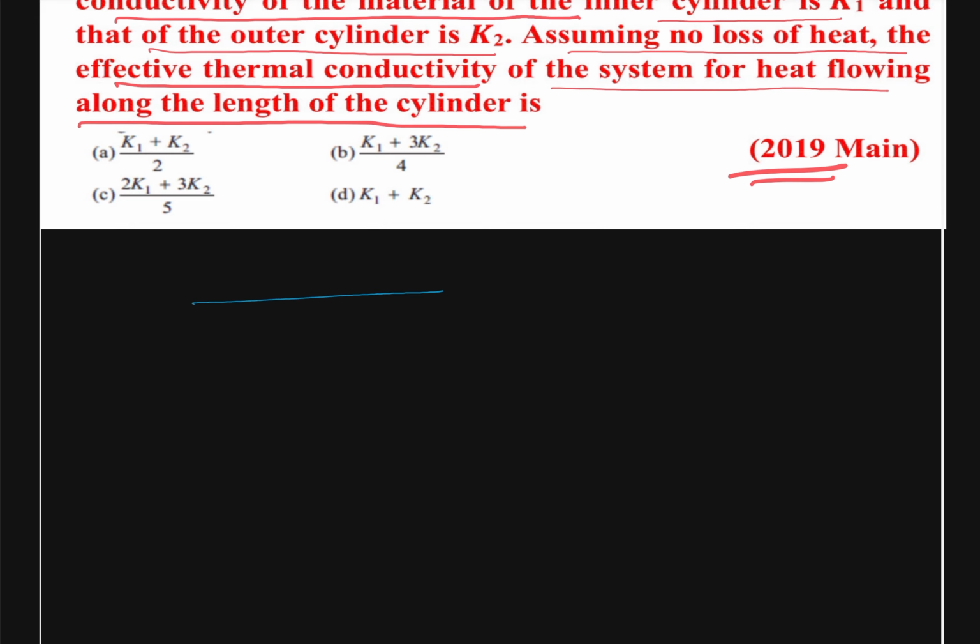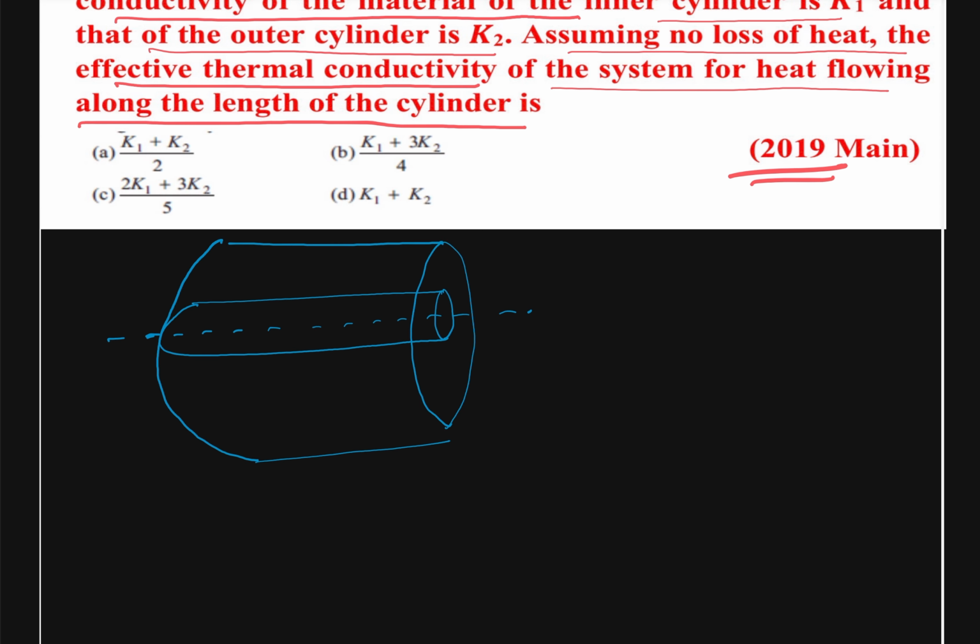So this is our internal one. Basically it will be coaxial, and this is our external one. Sorry, it is not according to the scale.